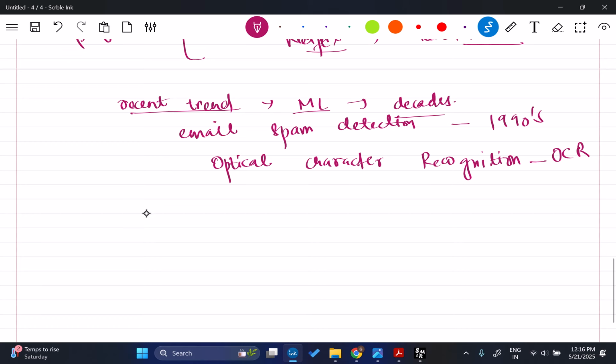So, learning from examples, not providing any rules, that is the basic idea of ML. I'll write the key points here.